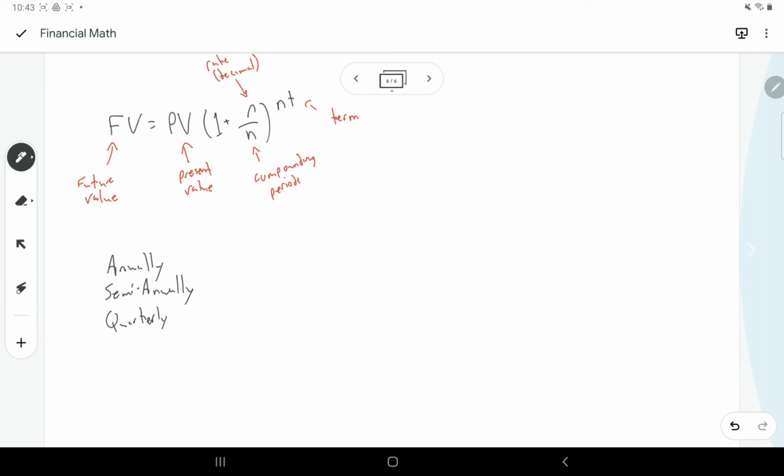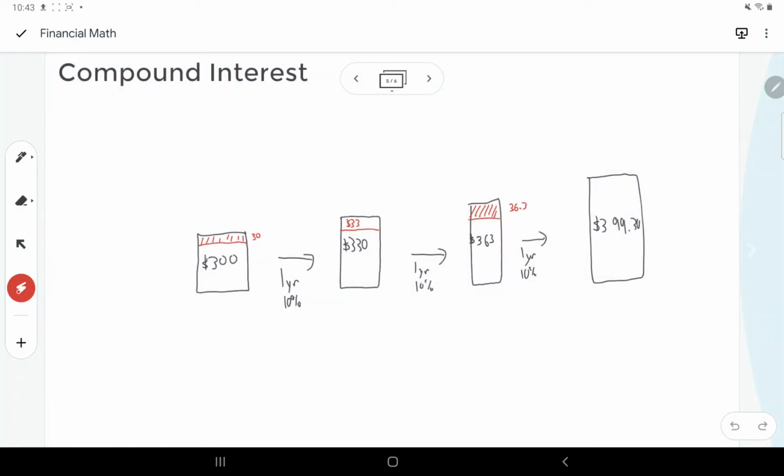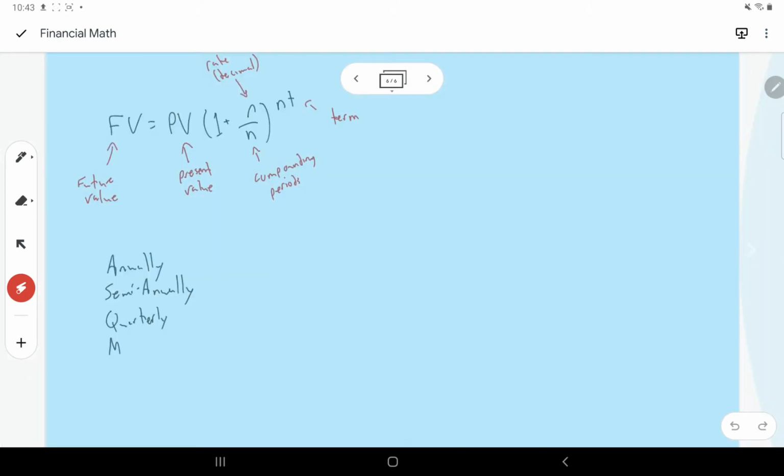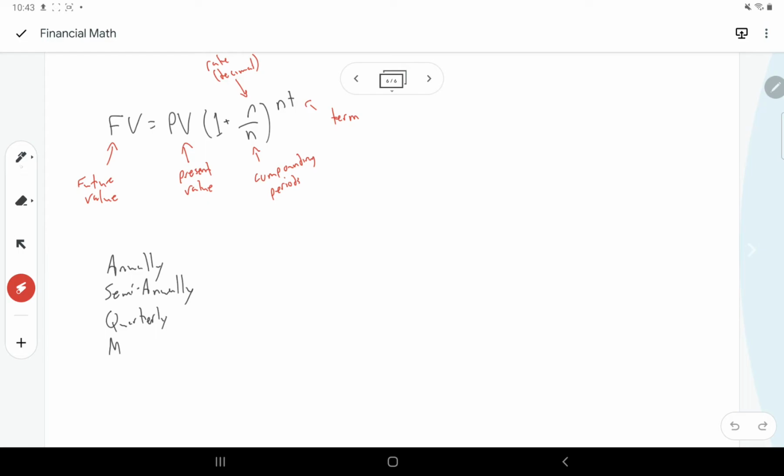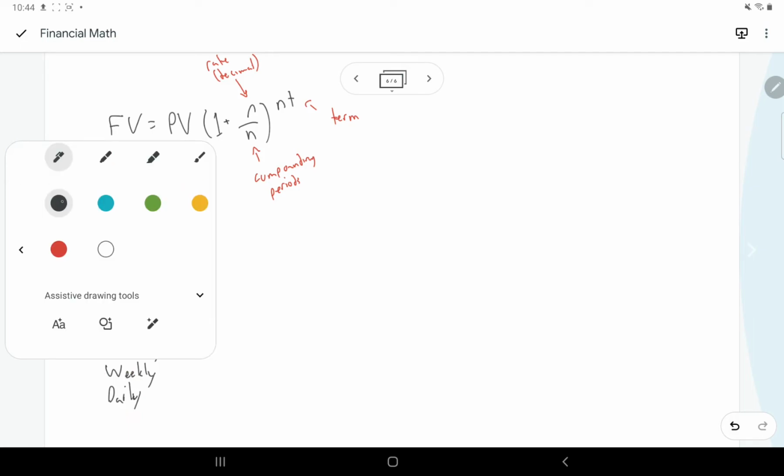Okay, so it's how many times per year something is going to compound, how many times we're going to redo this calculation where you increase the amount of interest that you're earning. So it's when you get the interest and then recalculate. So we also have annually, semi-annually, quarterly, monthly is another common one. Weekly, uncommon, but still a thing. Daily even. Usually that only is for credit card debt. But still, we should know what all these mean, because these are all values for n.